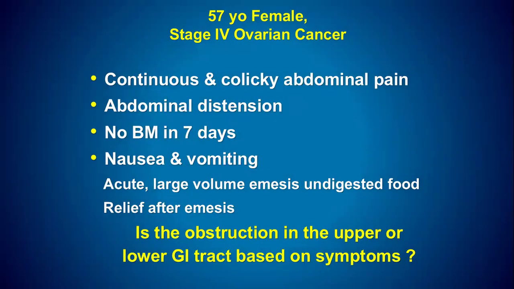Okay, so again, coming to the previous case. We are talking about obstruction. So do you feel that it is an upper GI obstruction or a lower GI obstruction? How do you differentiate between upper GI obstruction and lower GI obstruction?